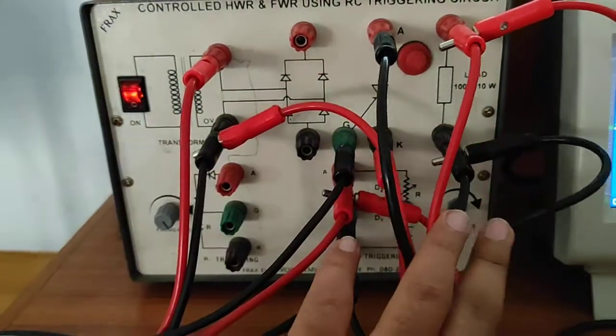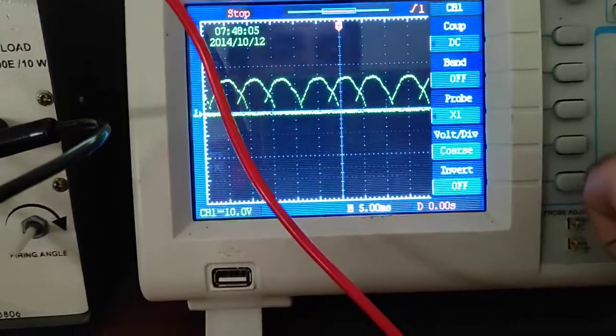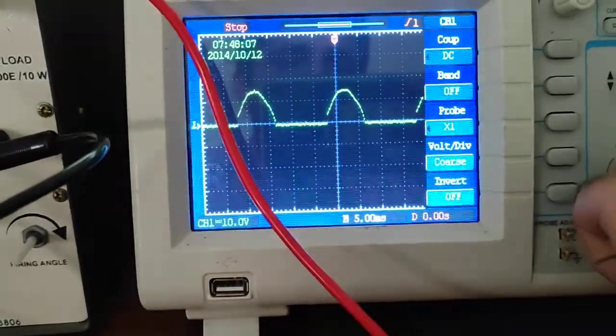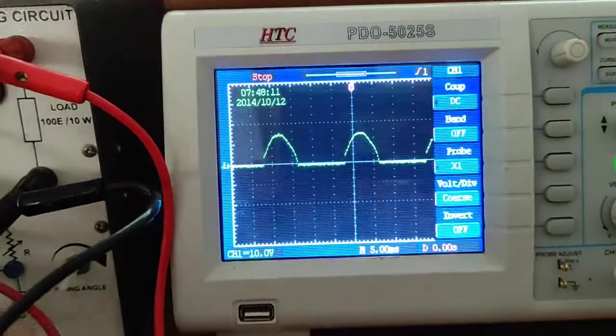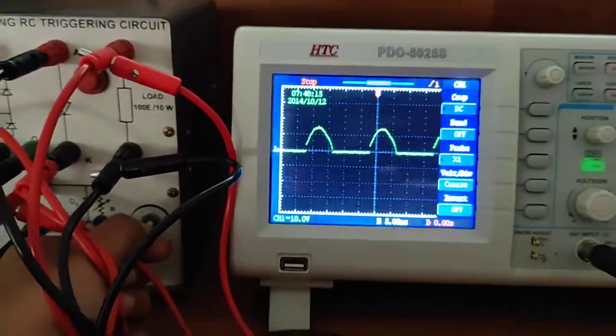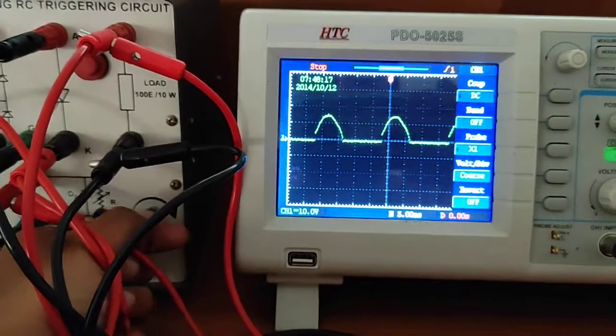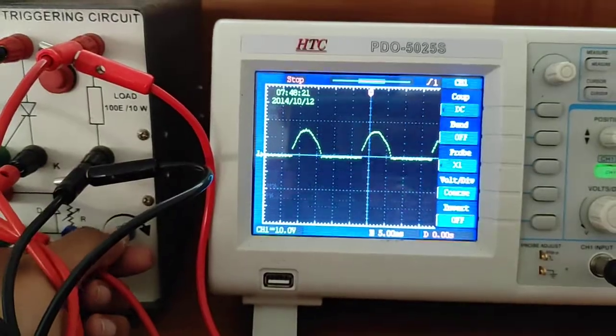After making all these connections, I have turned on the circuit, and in the load voltage you can see the complete half pulses, which means this knob is at the maximum position. That means the firing angle alpha is at the very minimum position.